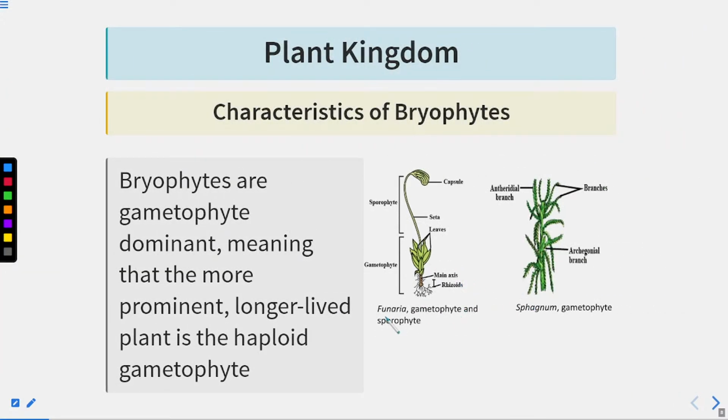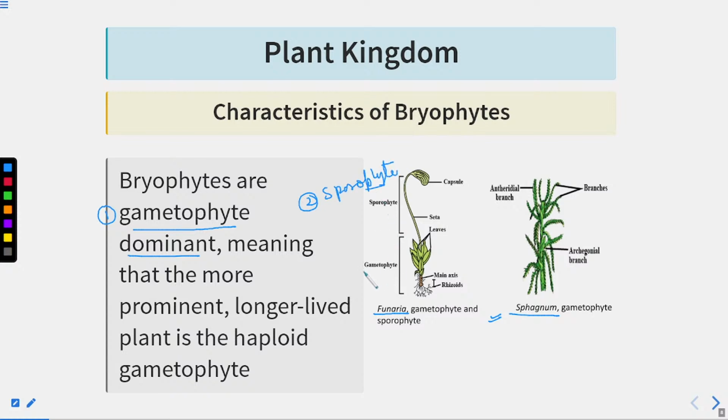Here we can see Funaria and Sphagnum, right? These are examples of mosses. Bryophytes are gametophyte dominant. I've already told you that in their life cycle, two different types of plants appear: the first is the gametophyte and the second is the sporophyte, right?